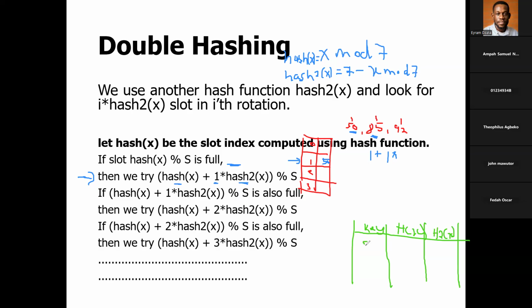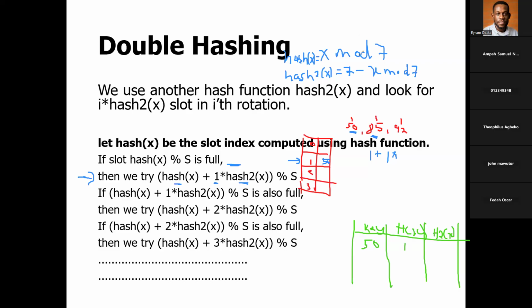If our key is 50, our hash will be 50 mod 7, which gives us 1.